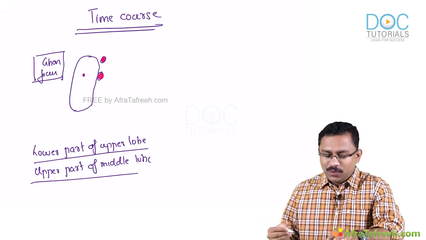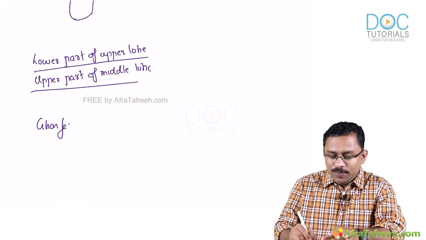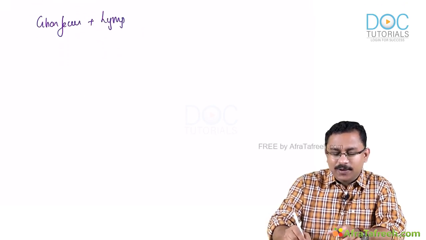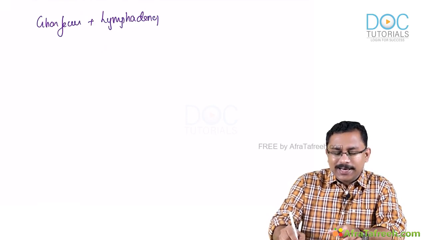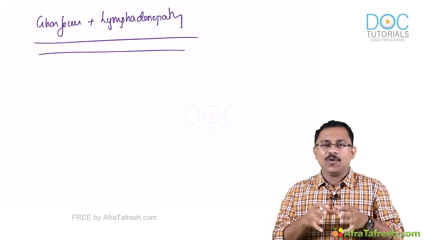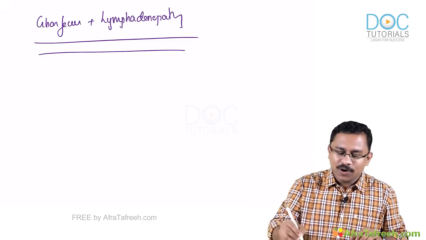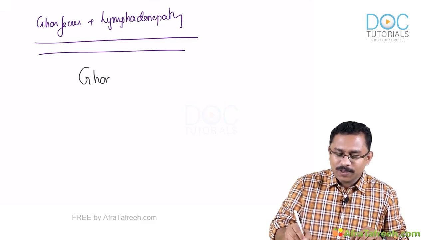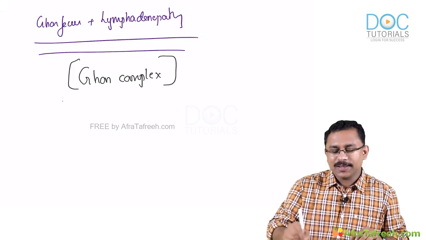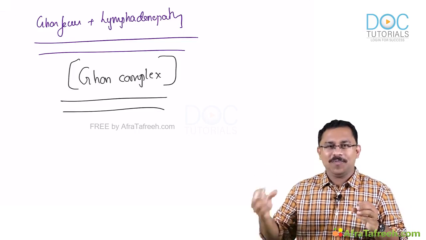Along with the Ghon focus, you may have lymphadenopathy, and that is hilar as well as paratracheal lymphadenopathy. Such a Ghon focus plus these enlarged lymph nodes is what you call the Ghon complex. So you understood what a Ghon focus is and what a Ghon complex is.